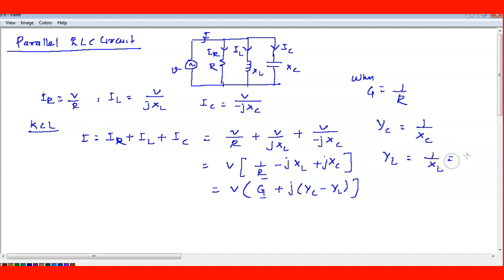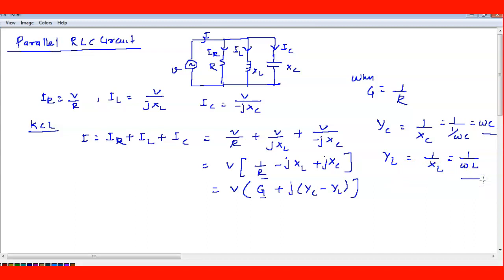So 1 upon XL, if you put it here, is 1 upon omega L, and 1 upon XC is omega C. So YC is equal to omega C, and YL is equal to 1 upon omega L.